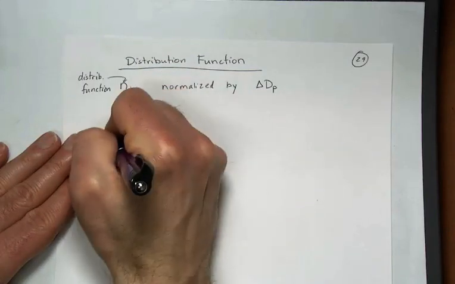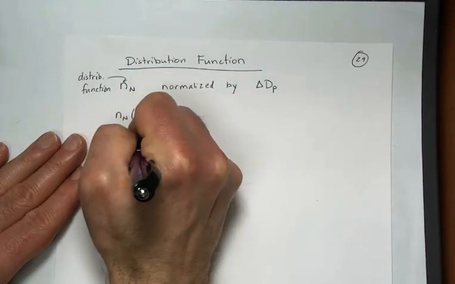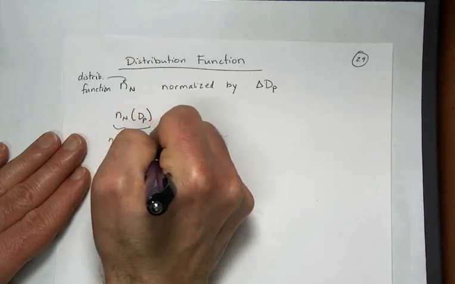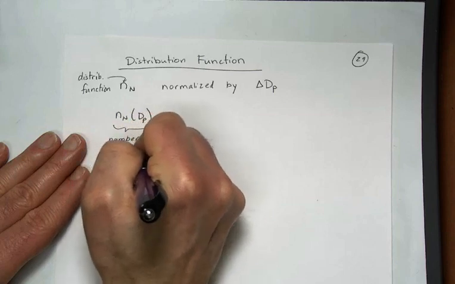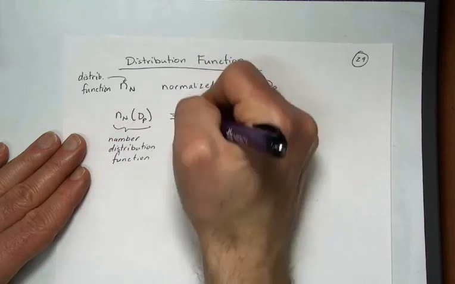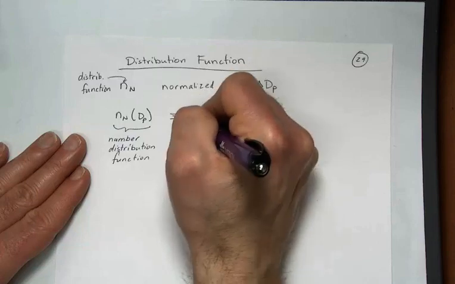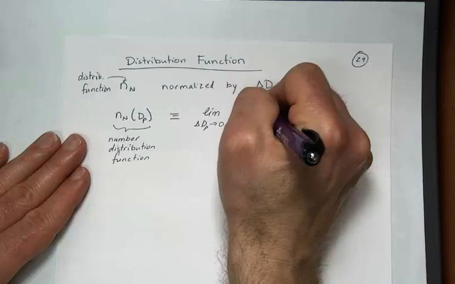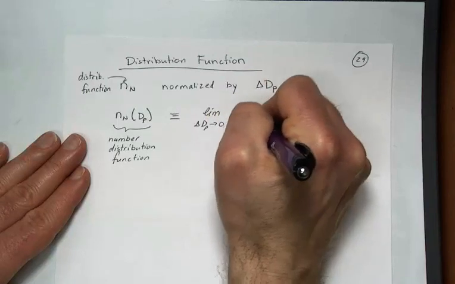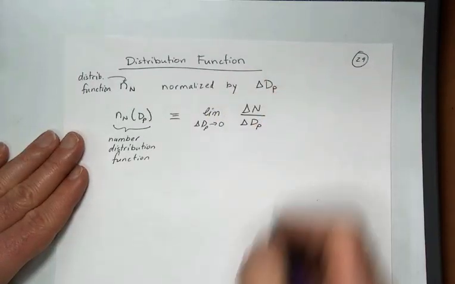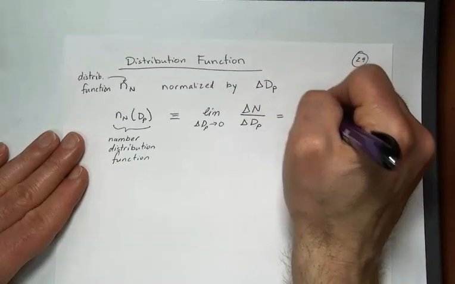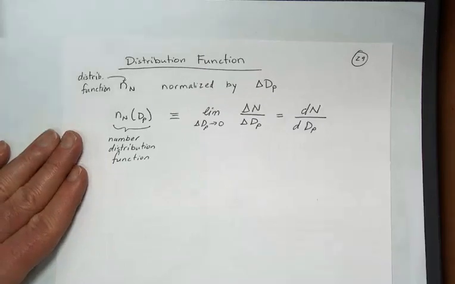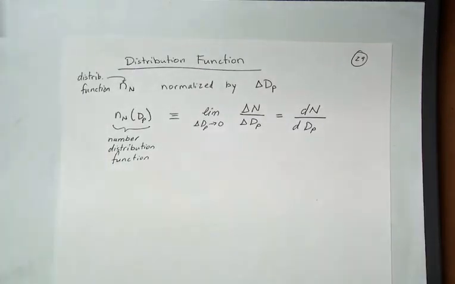That's a number distribution function. Its definition is the limit as delta dp goes to 0 of the number of particles in a bin divided by the bin width. And we can also write that as the differential number of particles divided by the differential bin width, dN ddp.